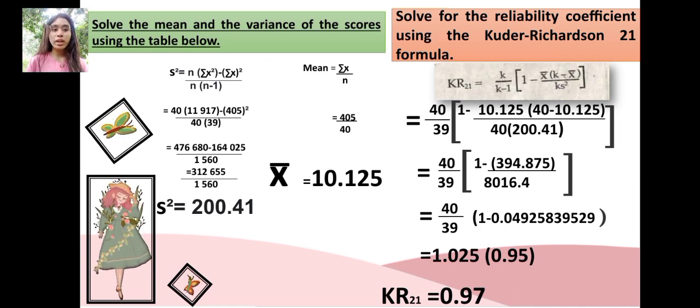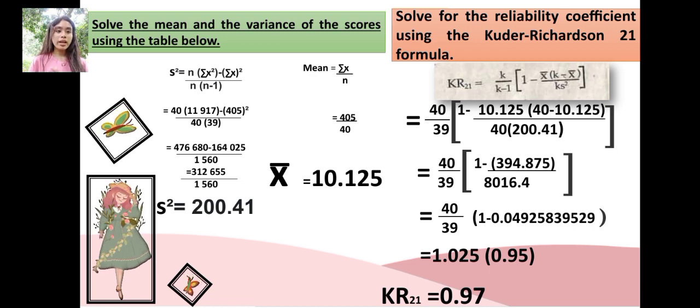Okay, that's our variance. So now let's first compute the numerator of the fraction. We have 10.125 times 40 minus 10.125, which gives 394.875.